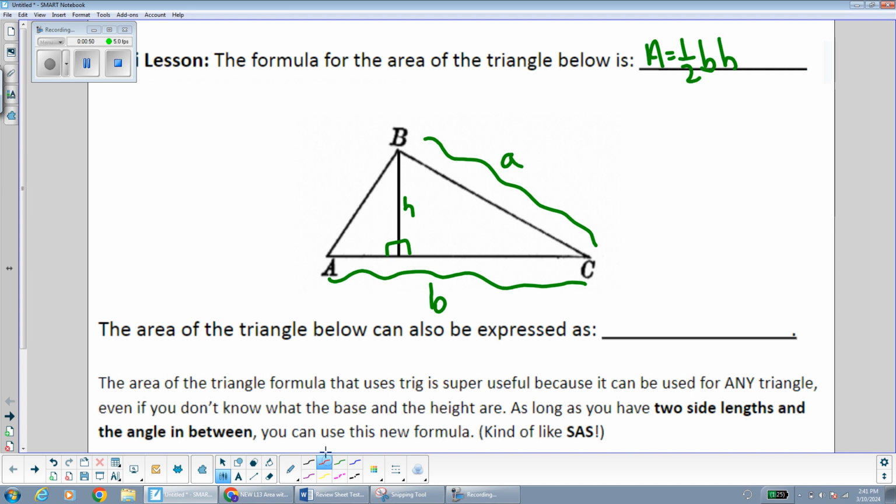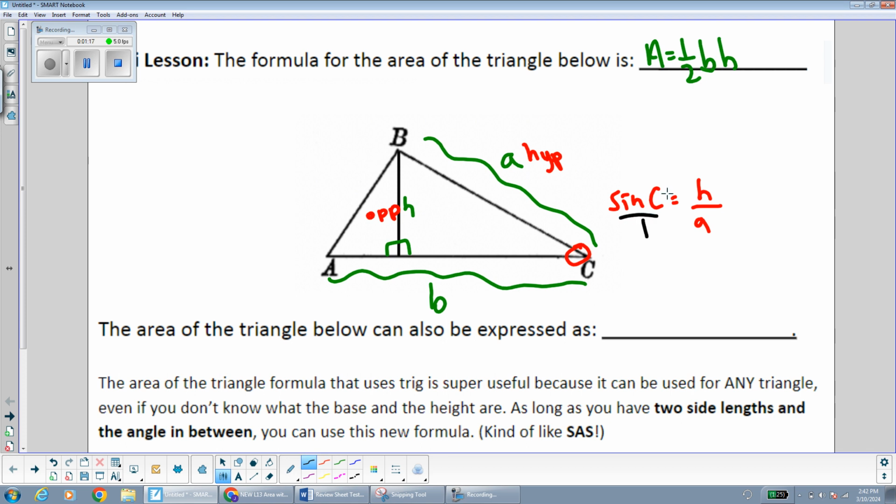In order to find the height, if we focus on angle C, the height is opposite. And in this right triangle over here, we have the hypotenuse. So we can find the height using sine of angle C, which is opposite over hypotenuse.